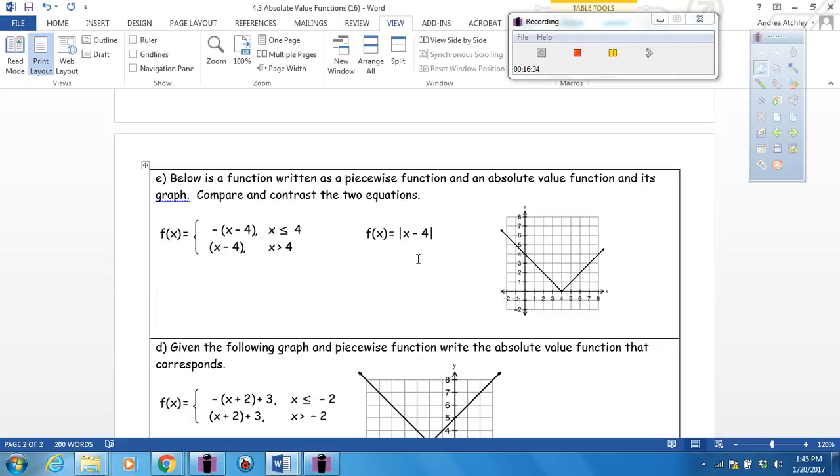Okay, so below is a function written as a piecewise function and an absolute value function in its graph. Compare and contrast the two equations. So these equations are for the same graph. You can just write it either way, however you choose to write it. Okay, so I want you guys just to write down what you noticed about the two equations. How are they the same?